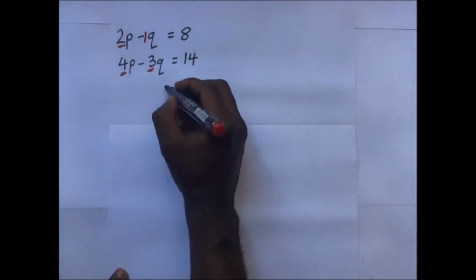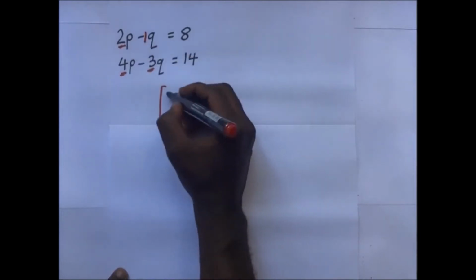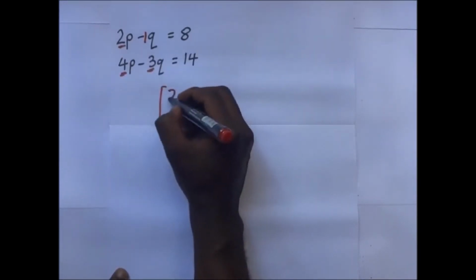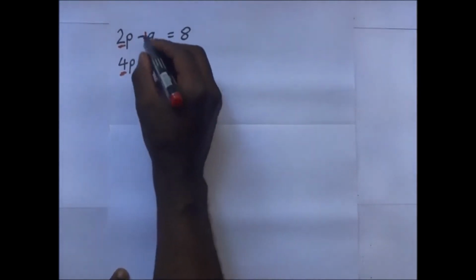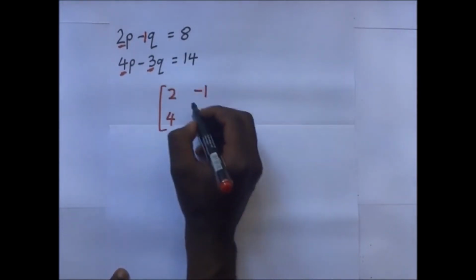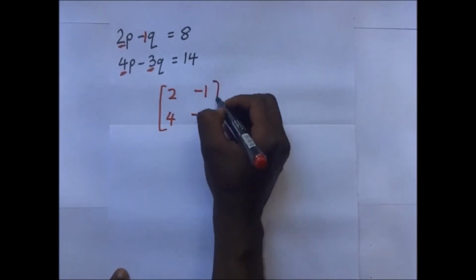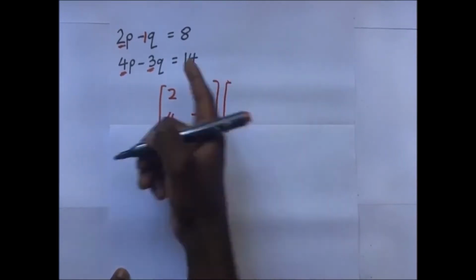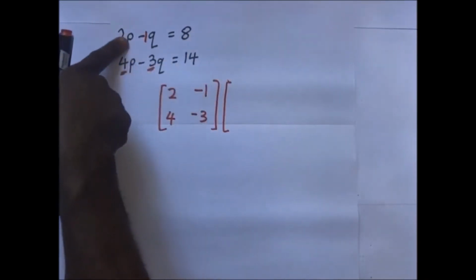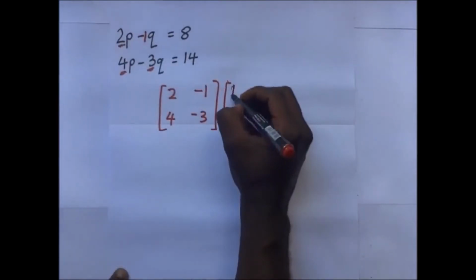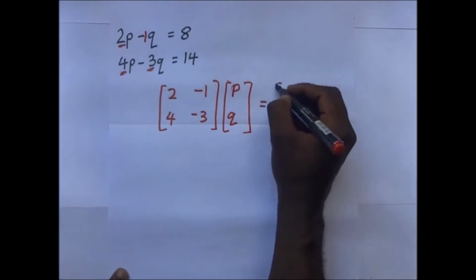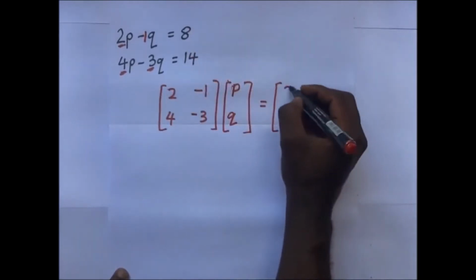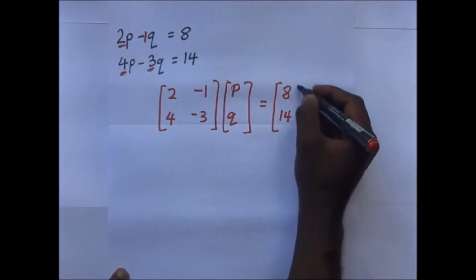So our matrix is going to be 2, 4, -1, -3. Multiply that by the order of the unknowns, p coming first, then q, so p, q, that is supposed to give us 8, 14.